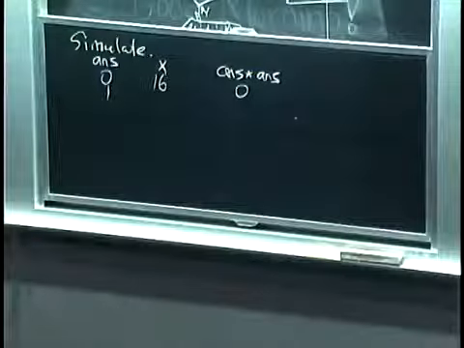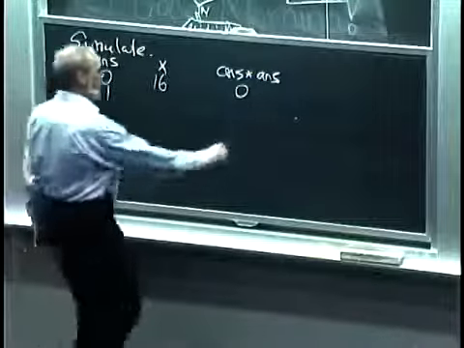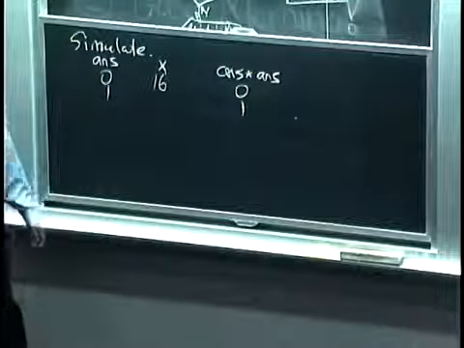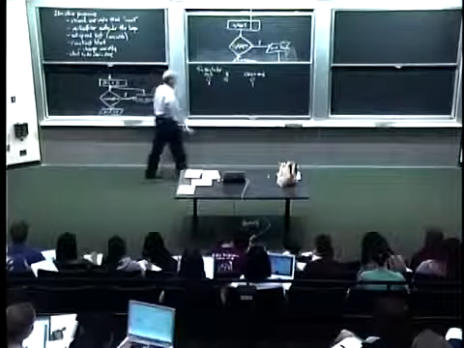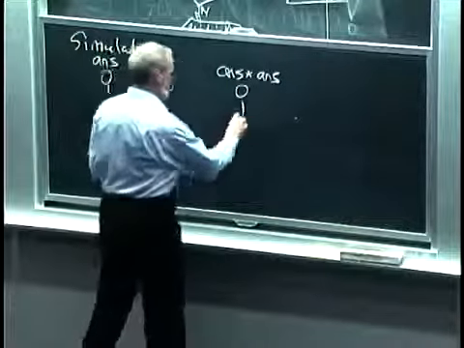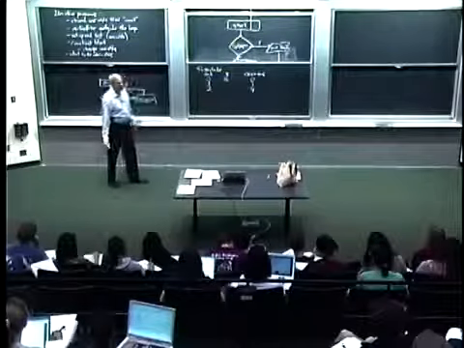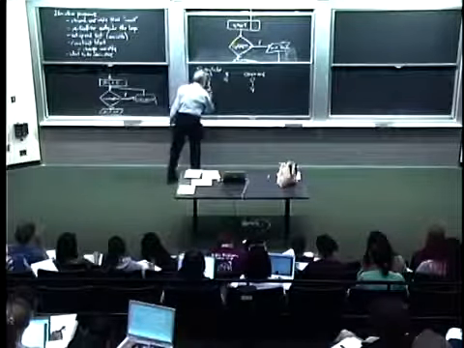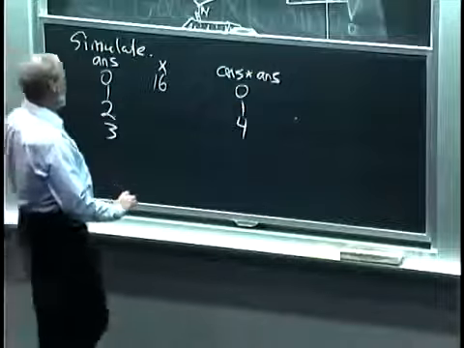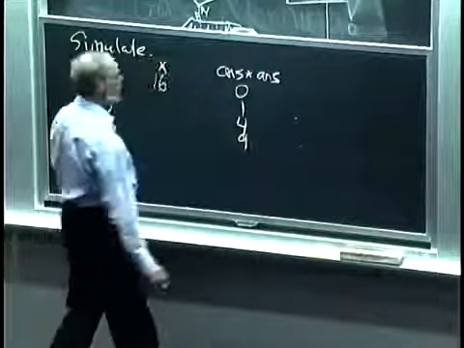X doesn't change. Back around to the test. What's answer squared? It's 1. Is it less than or equal to 16? Sure. Run the loop again. Answer becomes 2. X stays 16. Answer squared is 4. Is that less than or equal to 16? Yes. Aren't you glad I didn't pick x equal 500? All right. Answer goes up by 1. Answer squared is 9.